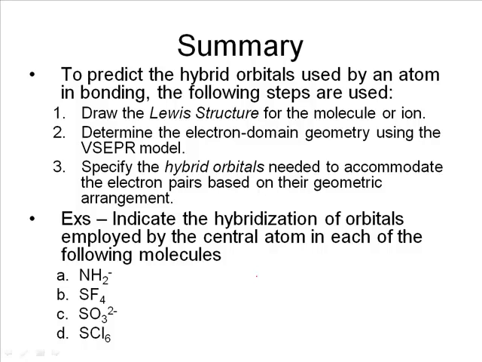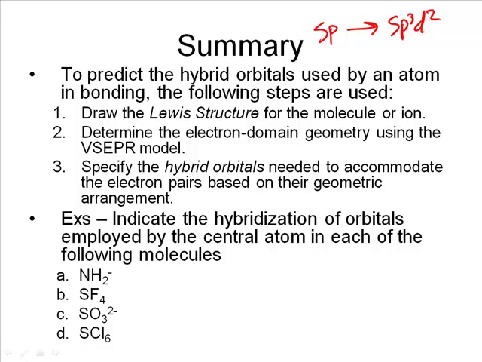With a molecule, you count the bonds, and the single bonds, the double bonds, and the triple bonds all count as one bond. You count the bonds and you count the non-bonding pairs. You add them up. And it's either sp or all the way up to sp3d2.